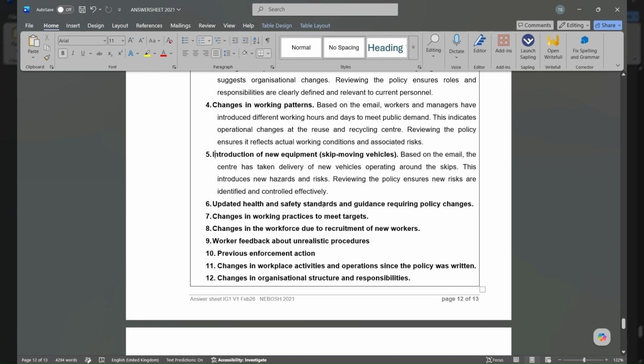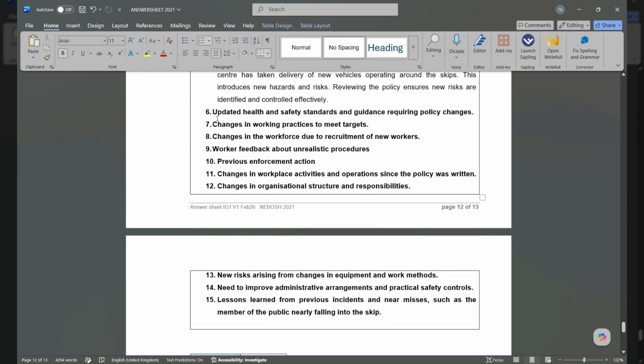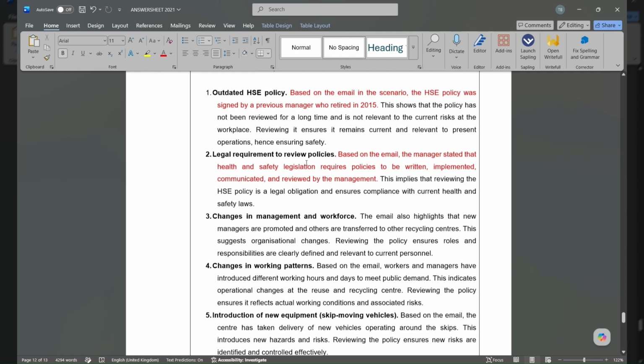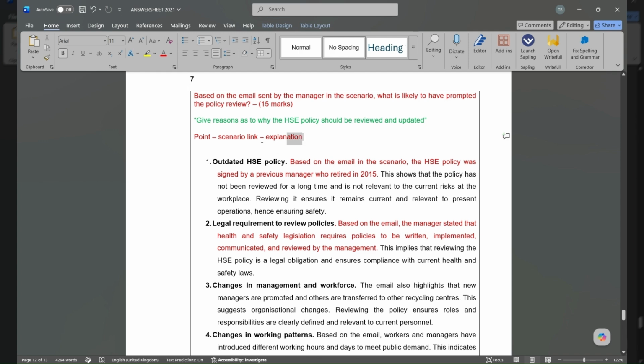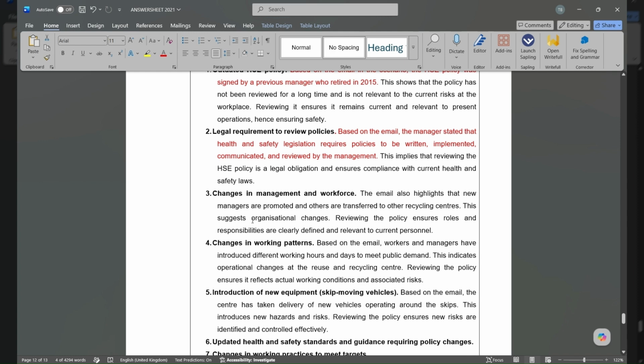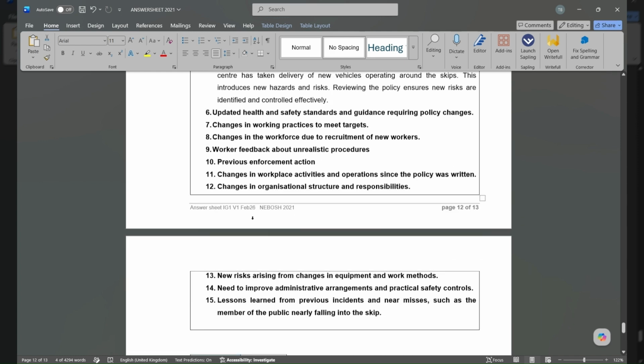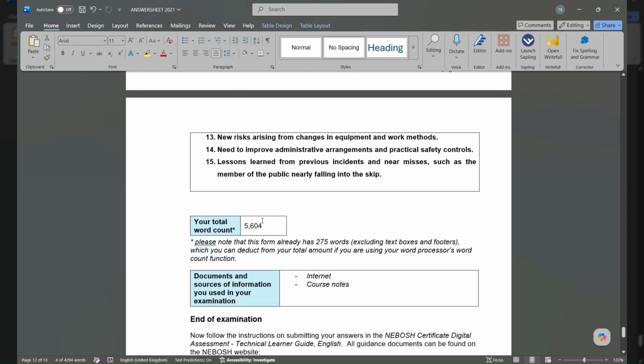I have given you an extra 10 points for this question, which I need you to go and read and beef them up using the NEBOSH golden answering technique, which is here. And I can guarantee you that the examiner will give you the solid 15 marks. To conclude on this paper or the answer sheet, remember to always include your word count.